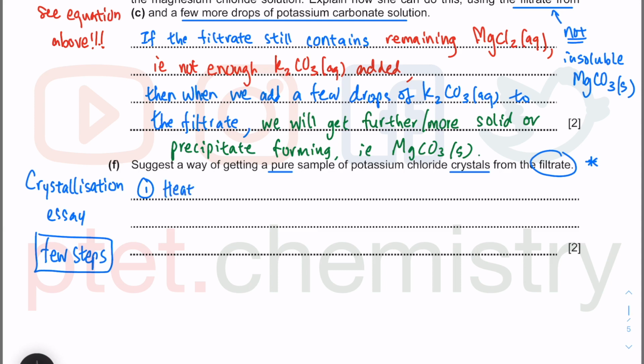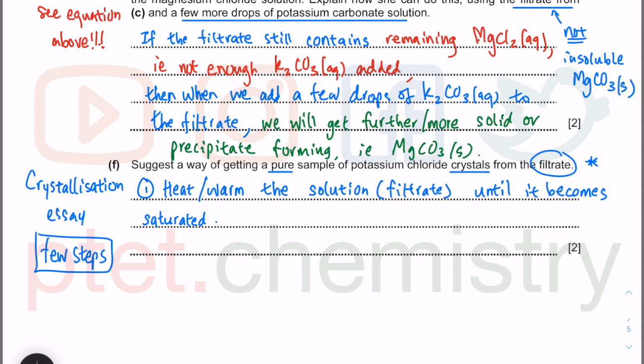You've got to heat or warm the solution, meaning the filtrate, which contains potassium chloride solution, until it becomes saturated. In year 9 combined science separation techniques, we talked about saturated solution where you have very little solvent because you have the maximum amount of the solute dissolved in the solvent, which is just the distilled water.